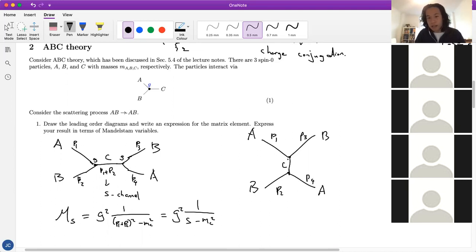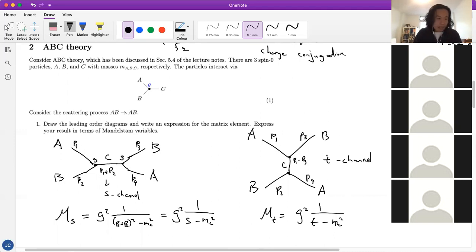Depending on which way you curve this middle propagator, you have some time ordering, but it doesn't matter, because the Mandelstam variable can be expressed either in terms of these two or these two, so you'll get the same result. The momentum of this one is P1 minus P3, so that's the T channel. That means M_T is equal to G squared times 1 over t minus m_C squared instead.